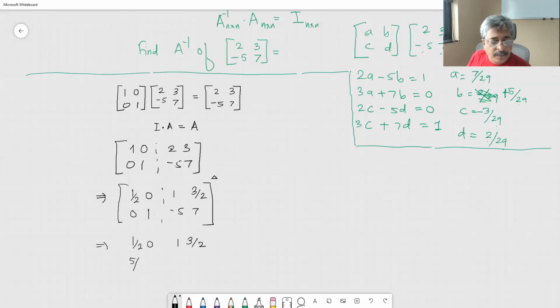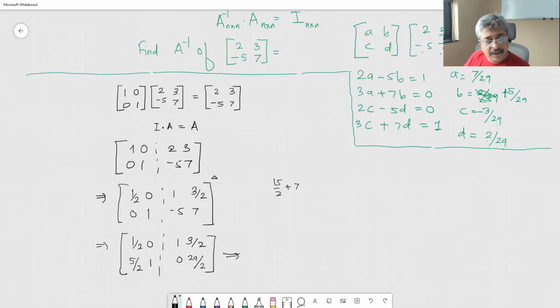You get 5 by 2, 1, and 0. 5 times row 1 gives 15 by 2, which is to be added to 7, giving 29 by 2. Check whether I am doing it correctly.